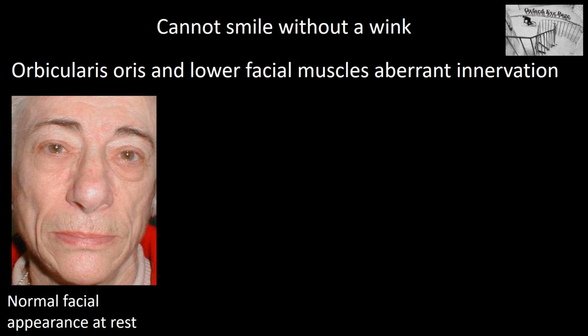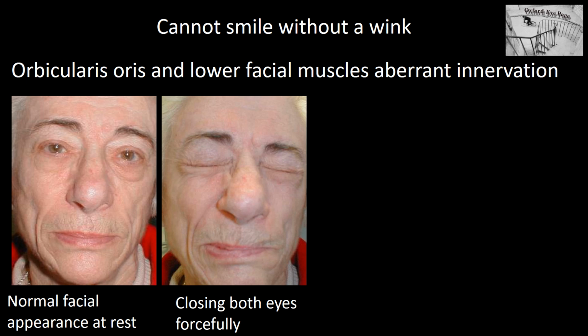This is the appearance of a patient with this condition at rest. The patient had a right facial nerve palsy due to Ramsay Hunt syndrome. As the patient closes both eyes forcefully, you can see the unintended contraction of the right side of the mouth, indicating that the fibers meant for the right orbicularis oculi have ended up going to the right lower facial muscles of expression.